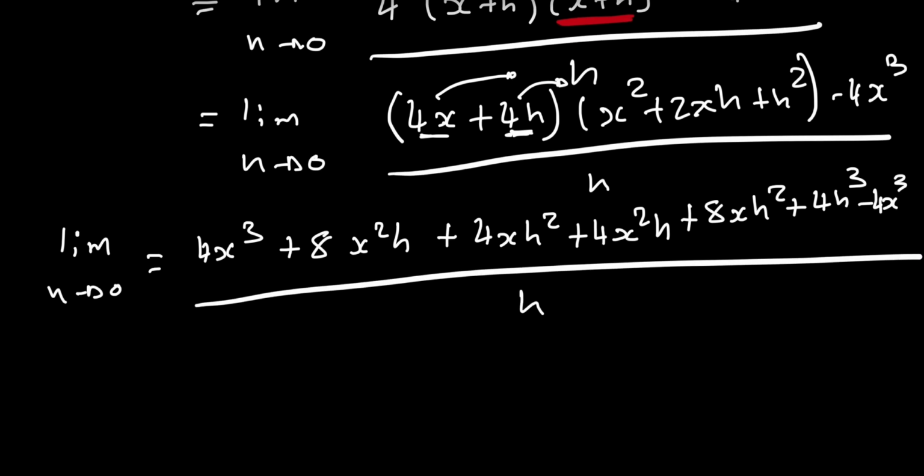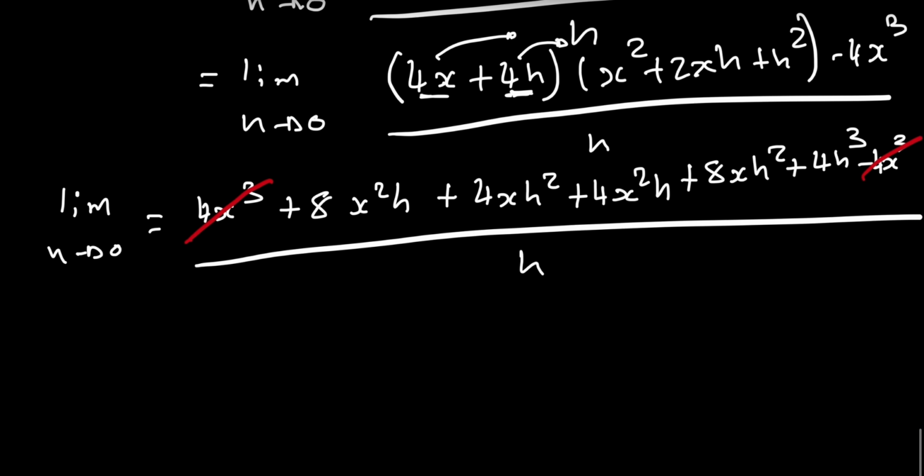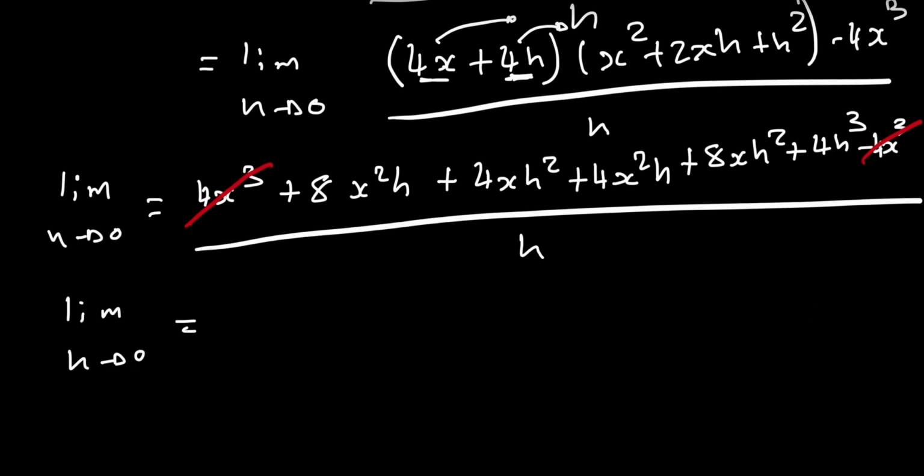Remember, everything that does not have h will cancel out. The 4x cubed and the minus 4x cubed cancel each other out. Now everything at the top has h as a factor. Let's first look for like terms. We can clearly see x squared h and x squared h, so we can add those like terms: 4 plus 8 is 12x squared h.